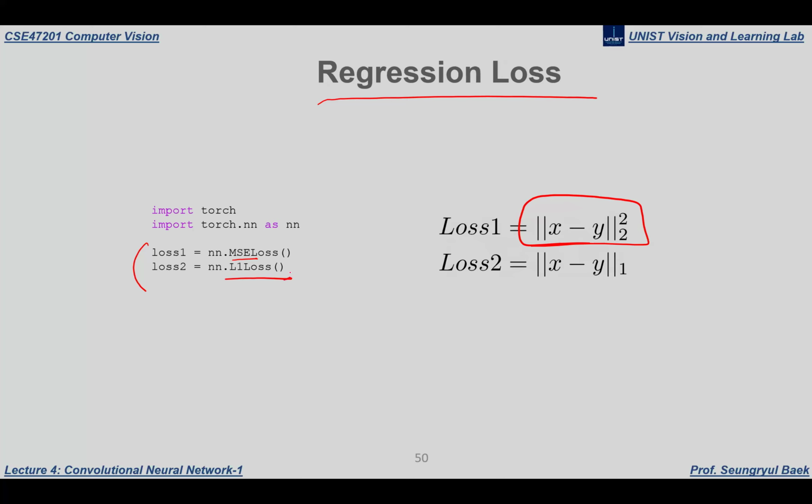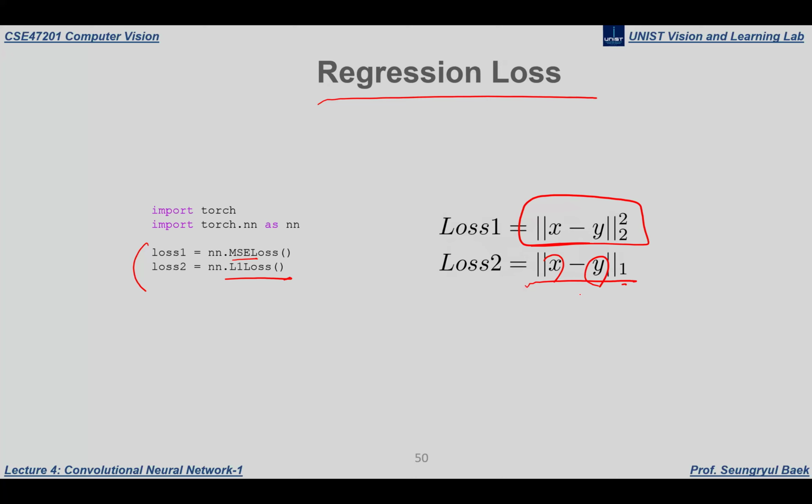Another loss we frequently use is this L1 loss. This is another type of mathematical function that can calculate the continuous distance between arguments, right? But we will not use the square, only the absolute value of their distance.